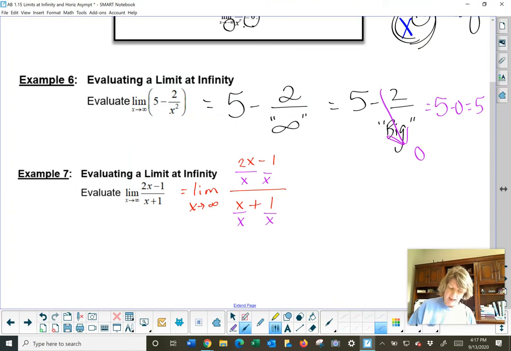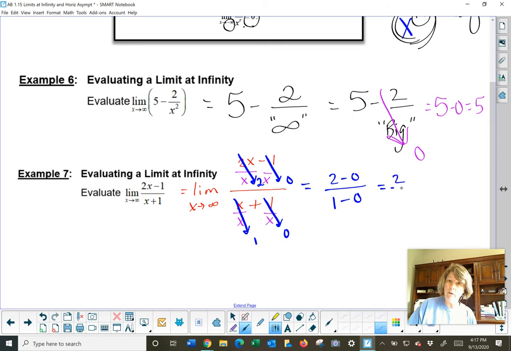If I do that, and x is getting large, this will go to 1, this is going to 0, this is going to 0, and this is going to 2, because I have x over x canceling. So I get 2 minus 0 on the top and 1 minus 0 on the bottom, which gives me 2 over 1, which calculates to just 2.